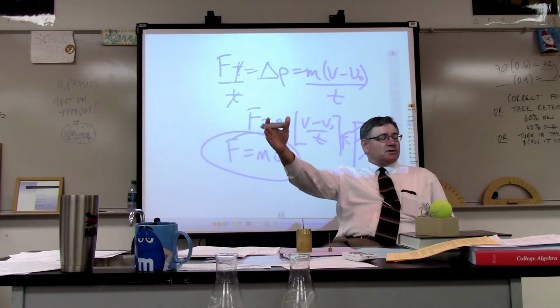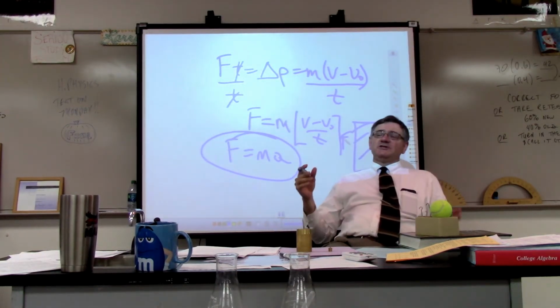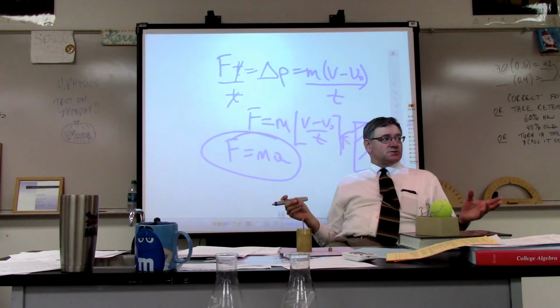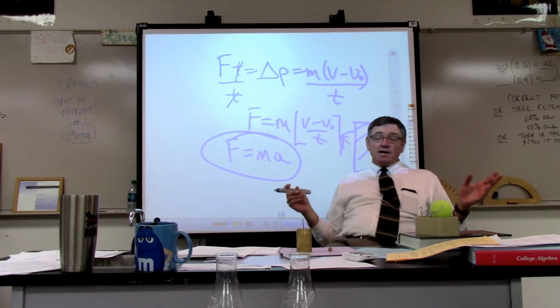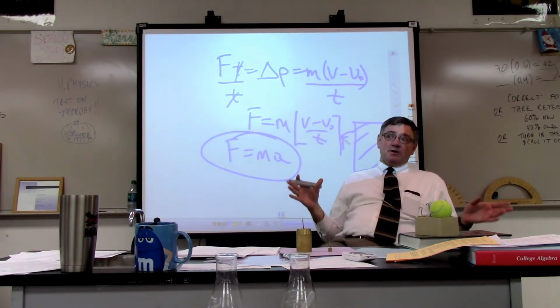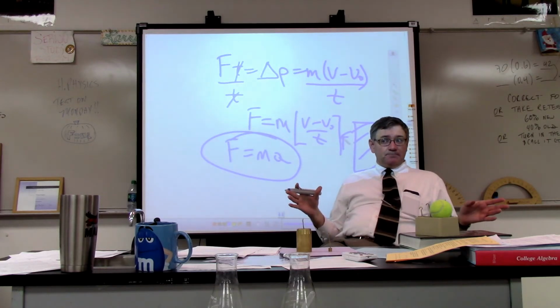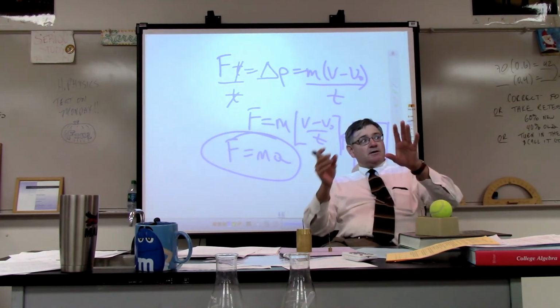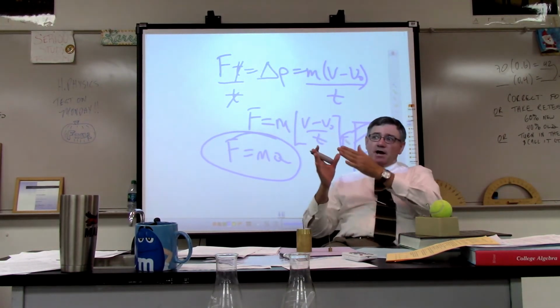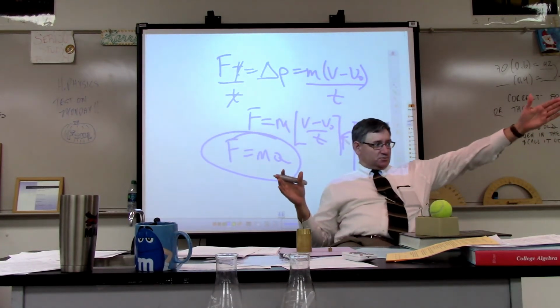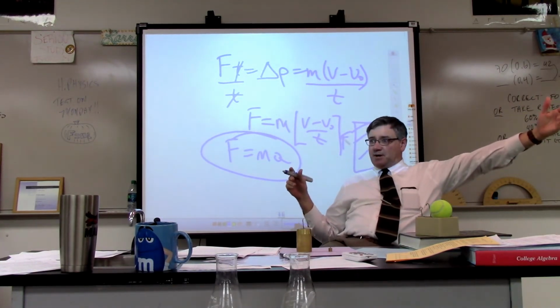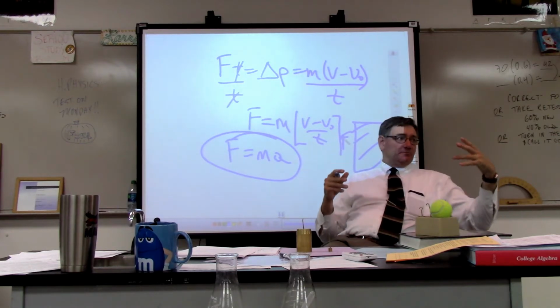Look at the situation between laying down a bunt versus hitting a home run. If you want to lay down a good bunt, you don't want to change the momentum of the ball very much.